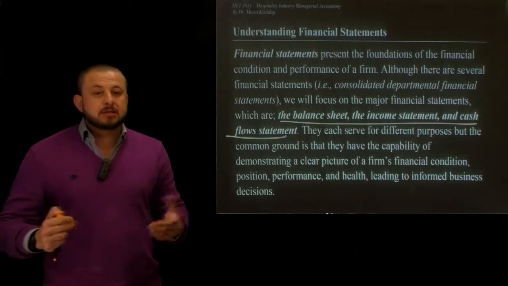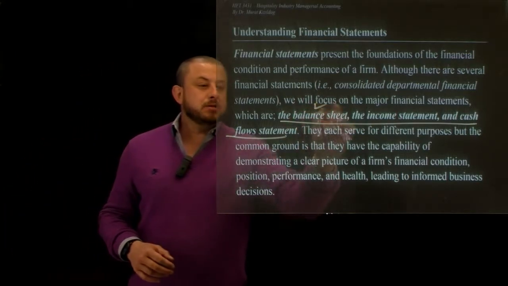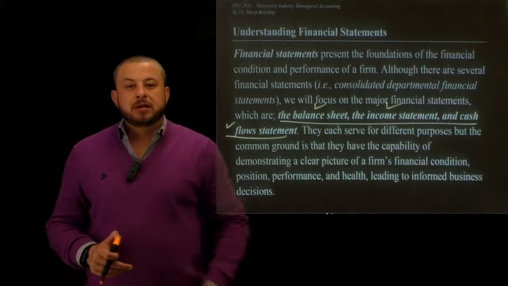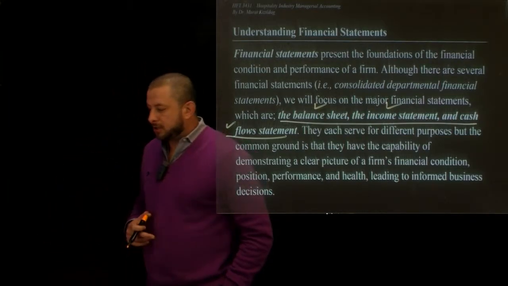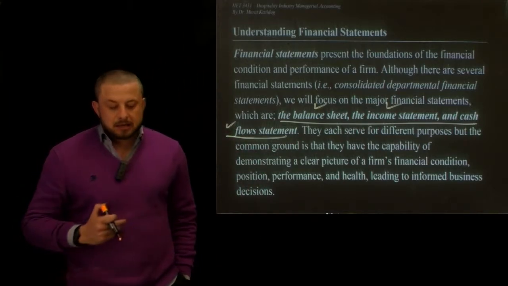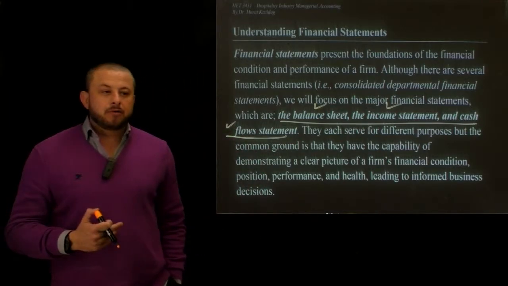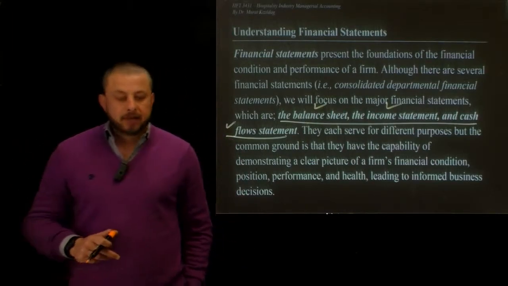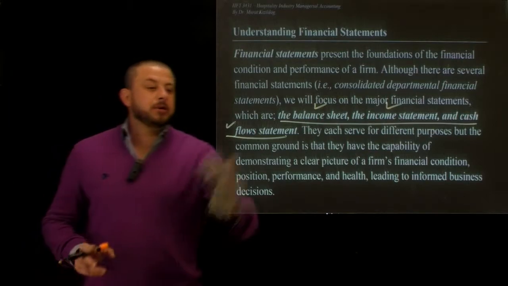However, we're going to focus on the balance sheet, income statement, and cash flow statement today, and then we will recap our knowledge about those statements, because for chapter 6 we will need them, since we are going to perform ratio analysis by touching base with every single edge and corner of the hospitality company's operations.